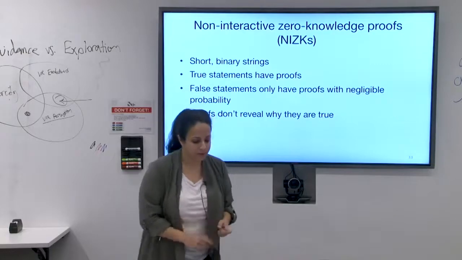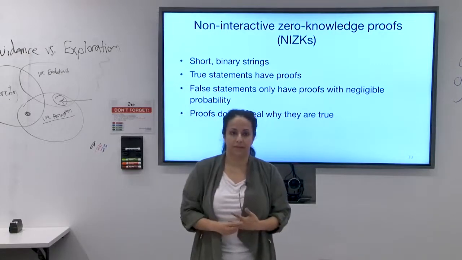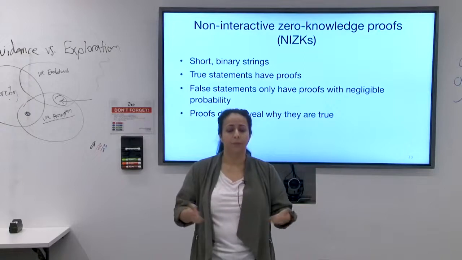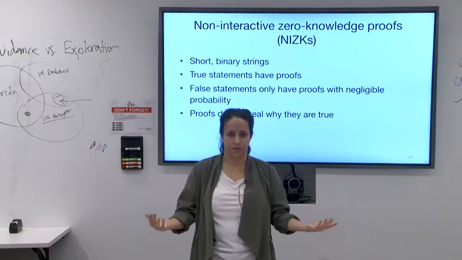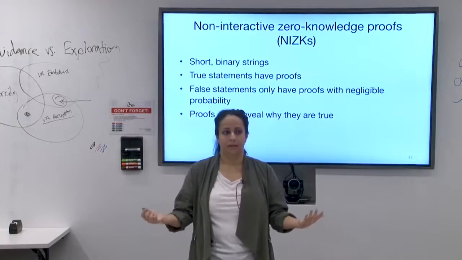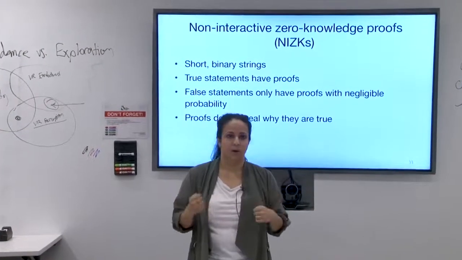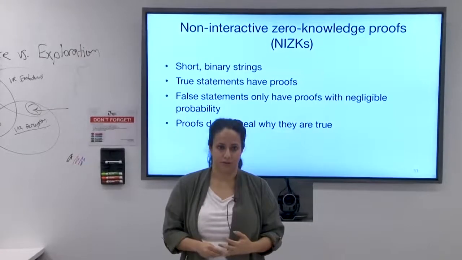So we're going to use NIZKs to prove things like the person who knows the secret key for this public key consented to this transfer, without indicating which bank it was that consented to the transfer.